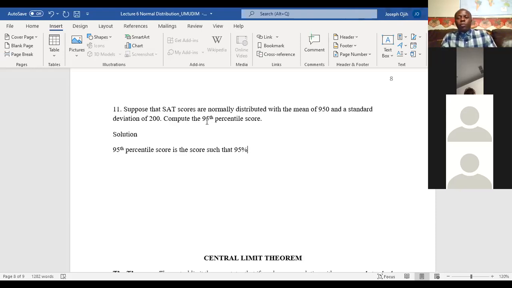Whenever they say that your score for anything, credit score, exam score, falls in the 95th percentile, it means that you performed better.